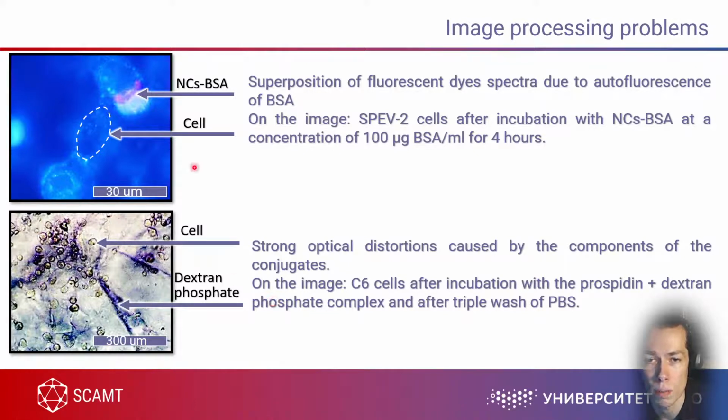For example, what can be the problems? Here I definitely can see a cell, and I'm sure this is a cell, but it's almost non-visible at this particular exposure. So you should adjust the exposure, but at the same time, on enhanced exposure, this cell will be too bright. So you should somehow adjust the exposure of this image in such a way that all of the cells will be visible.